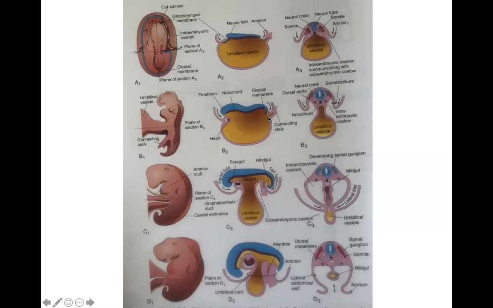If you remember, the allantois comes around and comes forward. This is the umbilical vesicle. Most of the umbilical vesicle gets pinched off, the allantois kind of gets pinched off, and this amniotic sac ends up surrounding the whole thing. So you end up with this big pinched off structure, and this is basically the umbilical cord. The umbilical cord is made up of the umbilical vesicle, the allantois, and the connecting stalk, right?